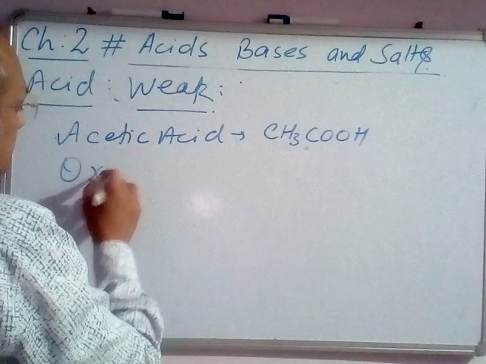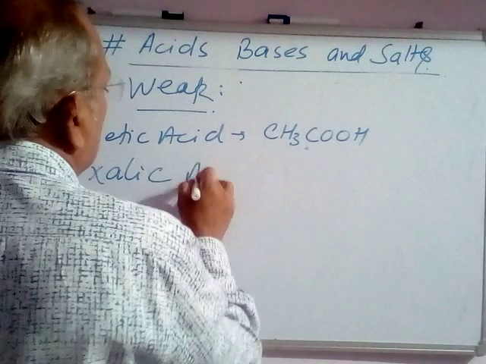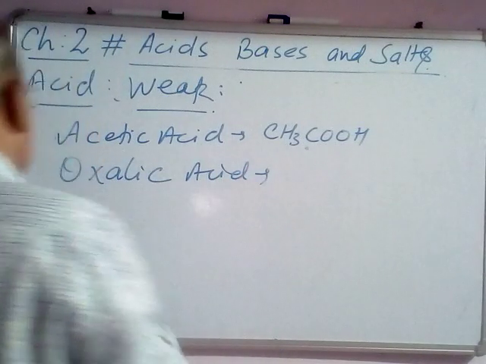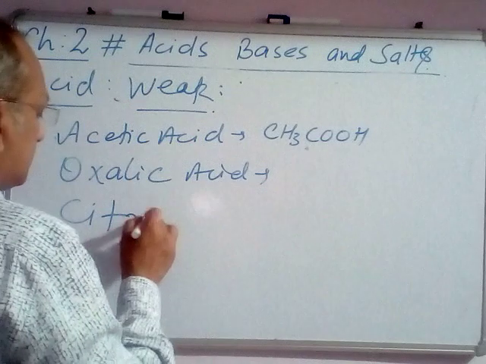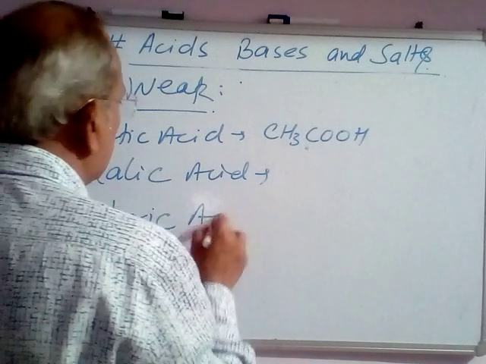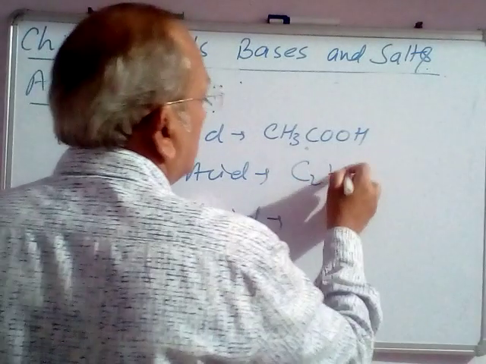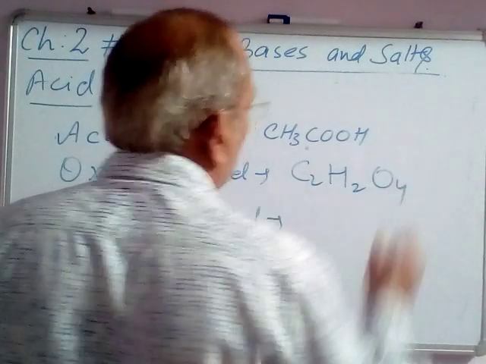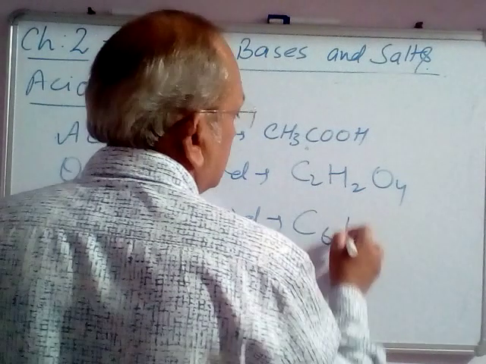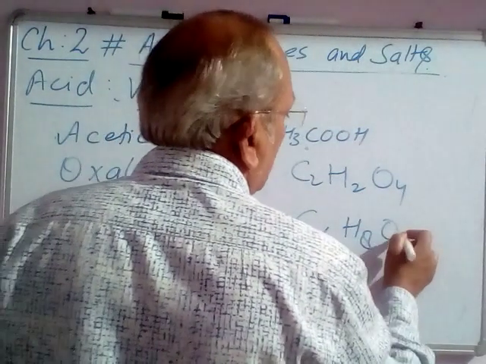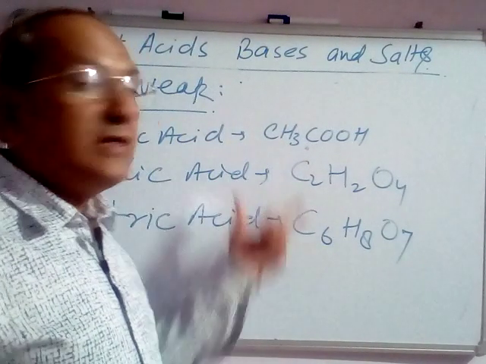Oxalic acid C2H2O4, and citric acid C6H8O7. These are examples of weak acid.